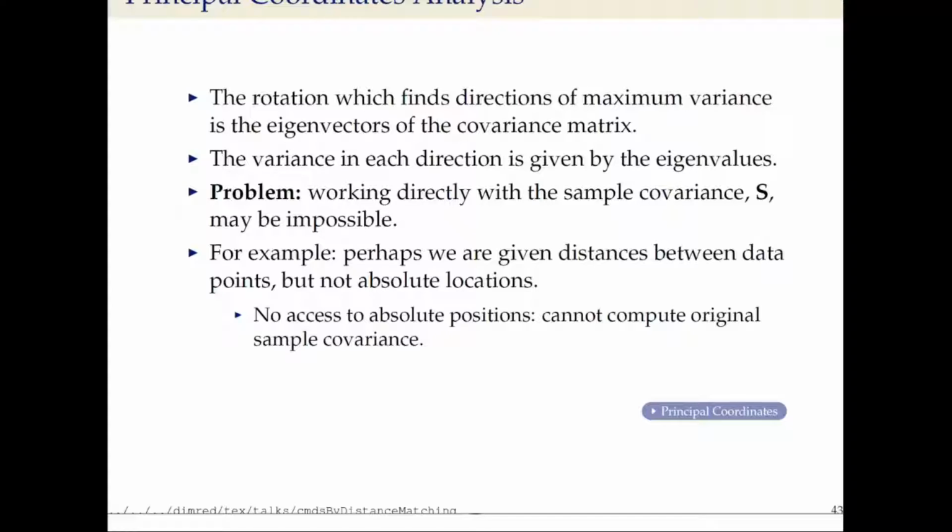For example, you're given distances between data points, but not absolute locations. So your data set is not in the form of y locations, from which you can compute the distances. You don't get to see y, you just get to see d squared. Someone's pre-computed d squared. This comes up quite a lot.